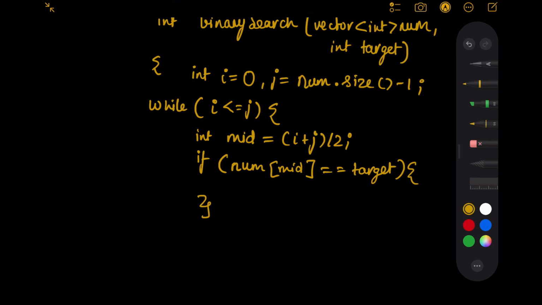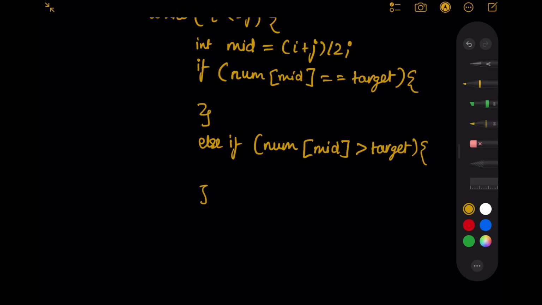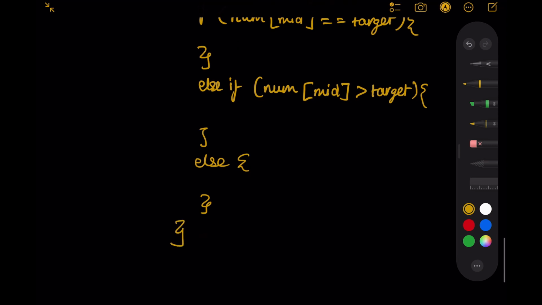The second obvious condition would be that mid is greater than the target. Obviously the third condition will be that my pivot is less than the target, and here we end the while loop.